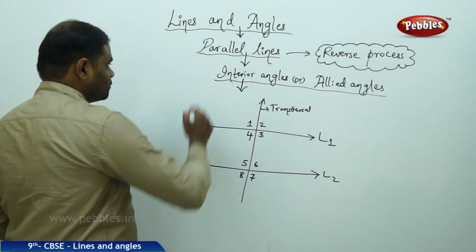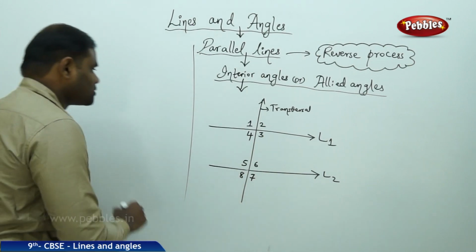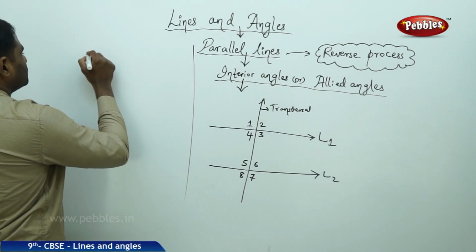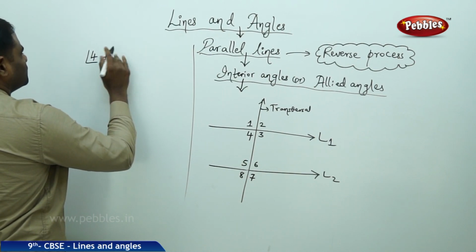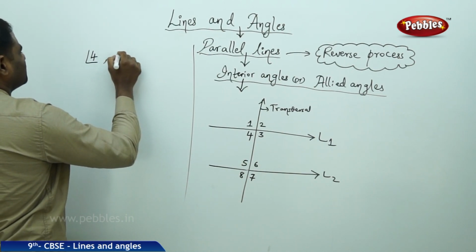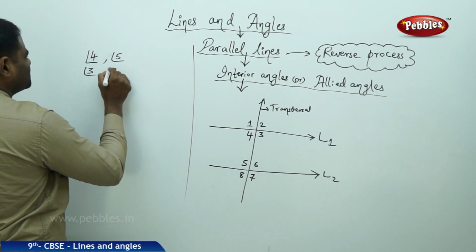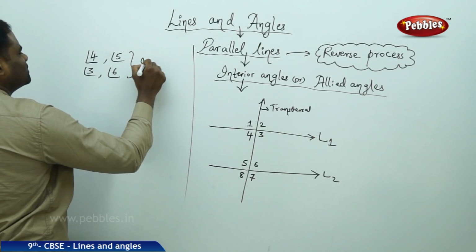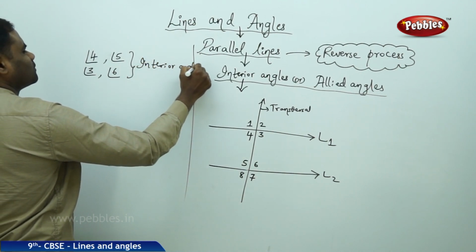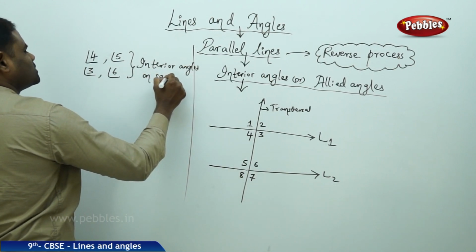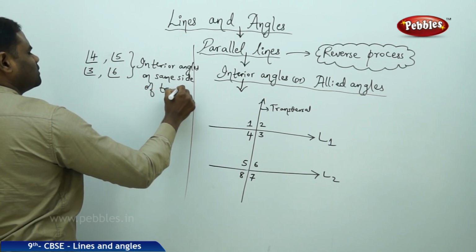Now we know that angle 4 and angle 5, and angle 3 and angle 6, are interior angles on the same side of the transversal.